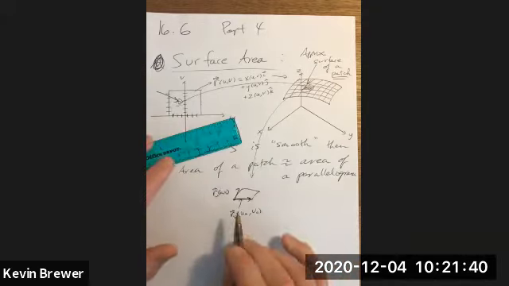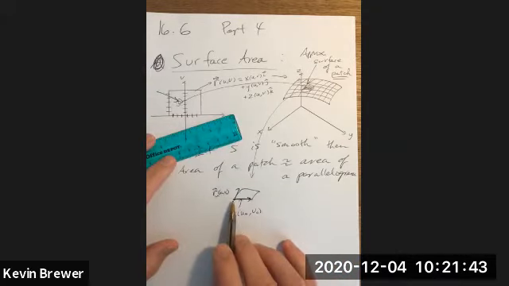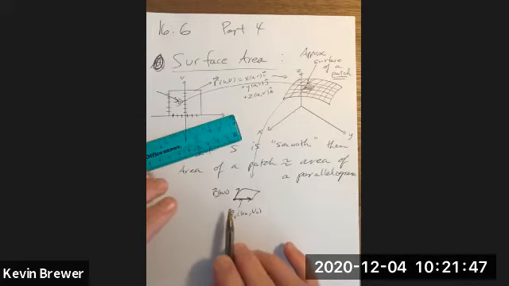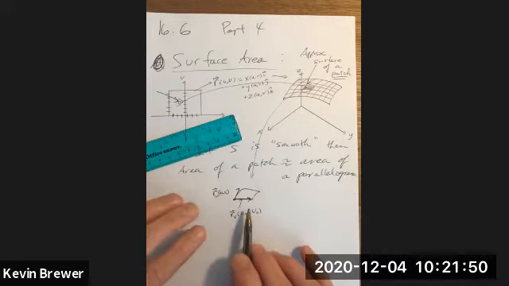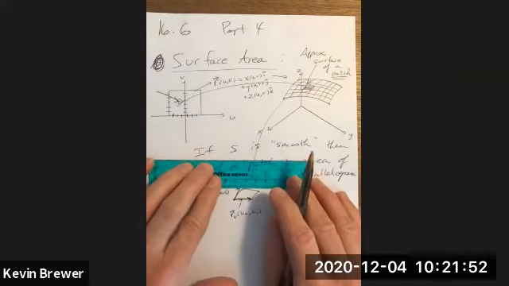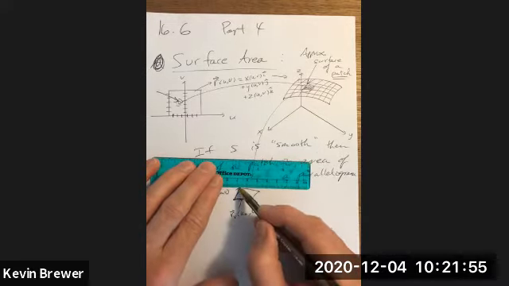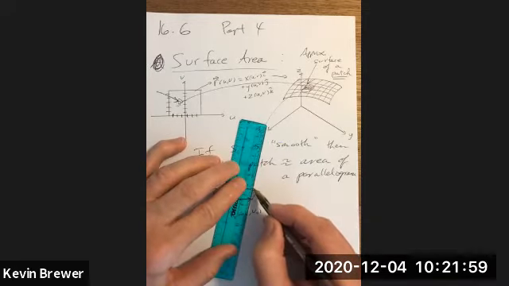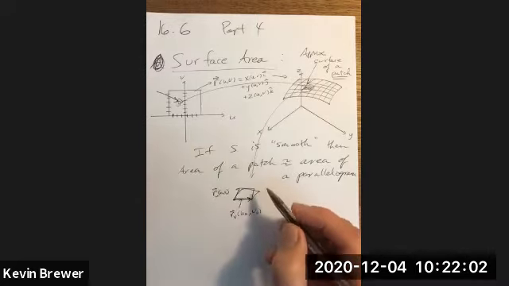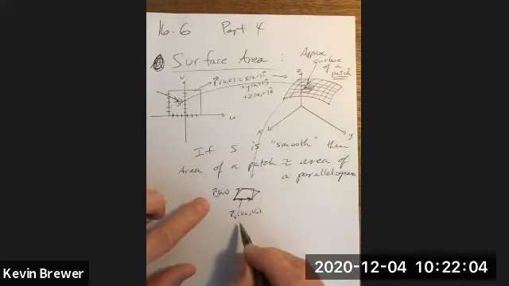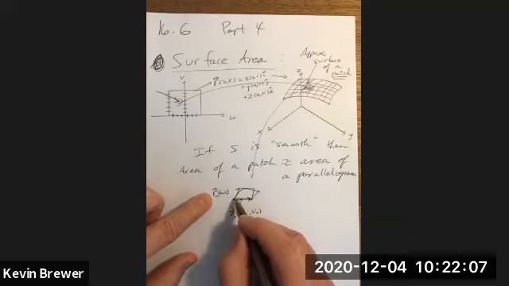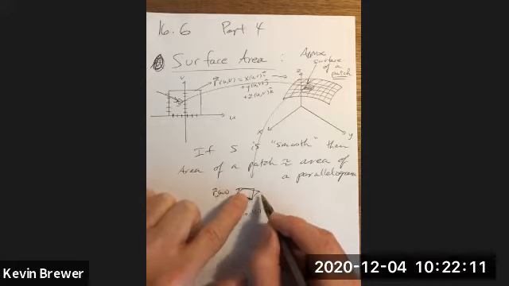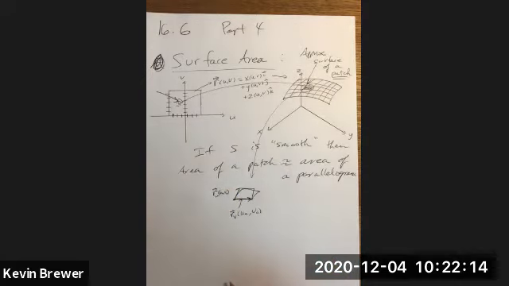But recall that the magnitude of the cross product of any two vectors gives the area of the parallelogram determined by those two vectors. And so these two tangent vectors determine a parallelogram whose area is approximately the area of the patch.